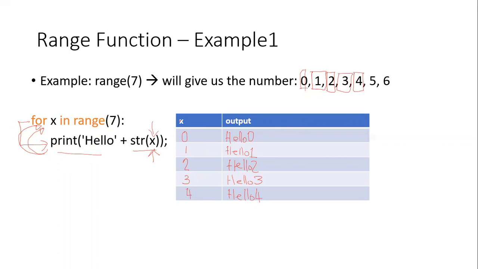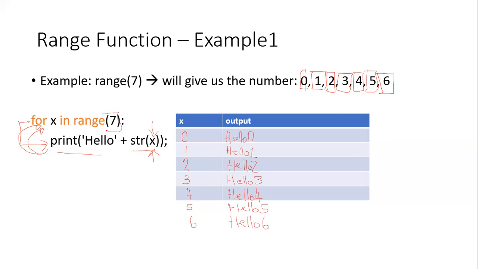Go back up. X then takes on the value of 5. And it comes inside the loop, and it's going to print hello 5. Go back up. X takes on the value 6. It's going to print hello and the value of x, which is 6.